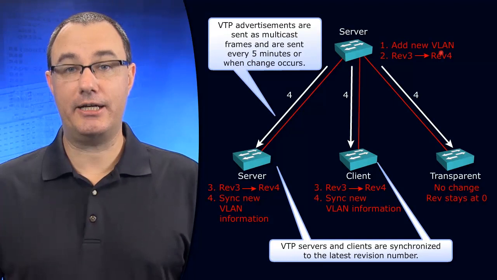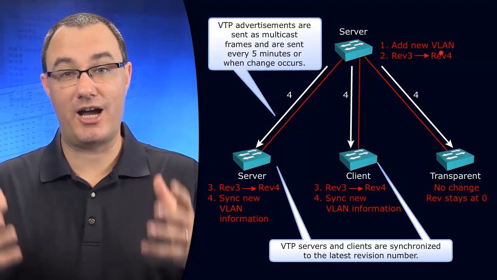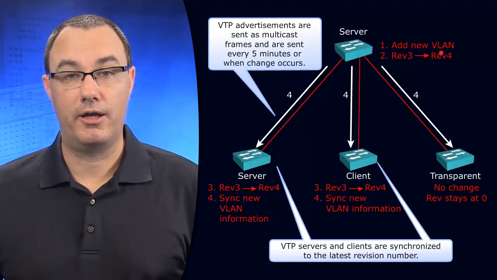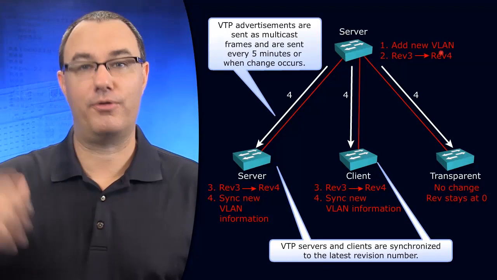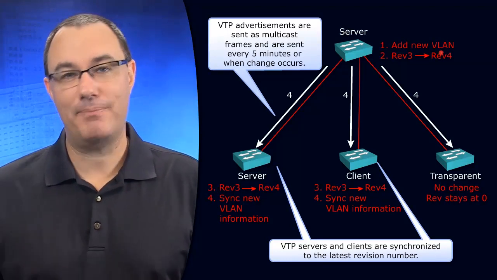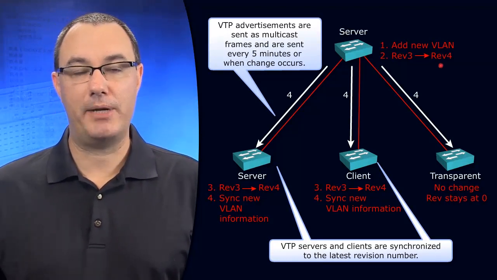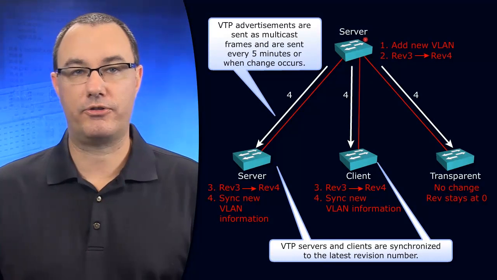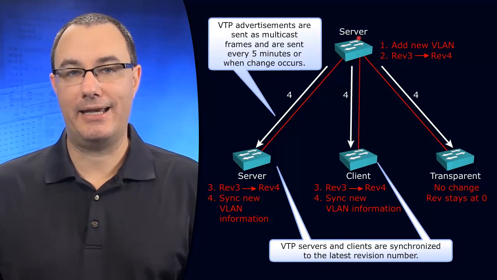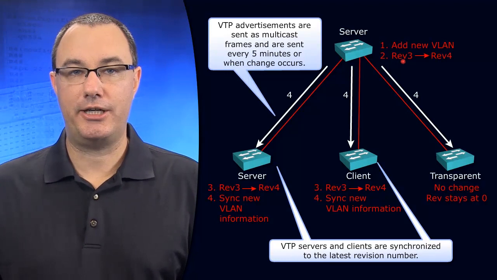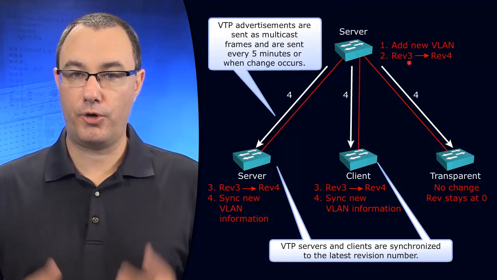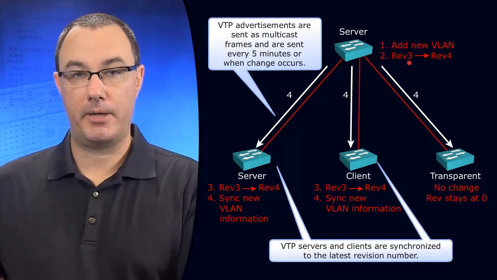If you see a better date, a date that's higher, or further out actually, if it's dairy, that means that it's newer information. So here's how this really works. If I go to a server and I make any change, that change bumps up the current revision number by 1.